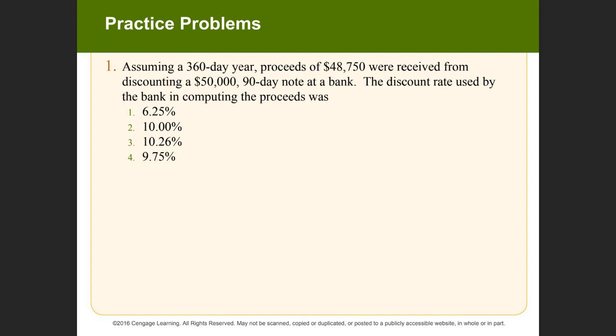So the discount rate used by the bank to compute the proceeds was, so we're trying to figure out what our discount rate is. So we have a $50,000 note. The proceeds from that note were 48,750, and it's a 90-day note. And we're trying to figure out what the discount rate is that they used for this note.